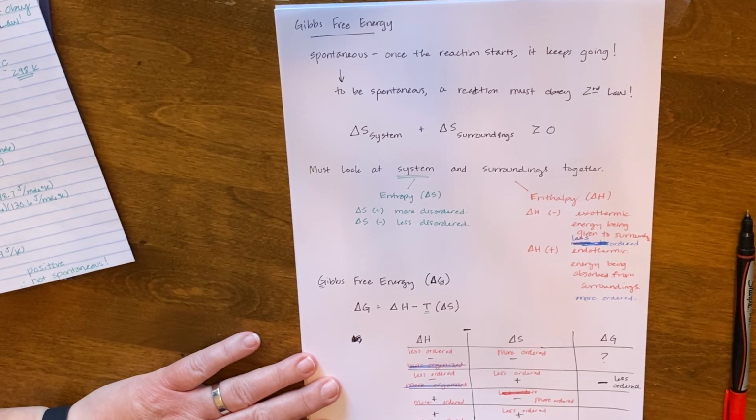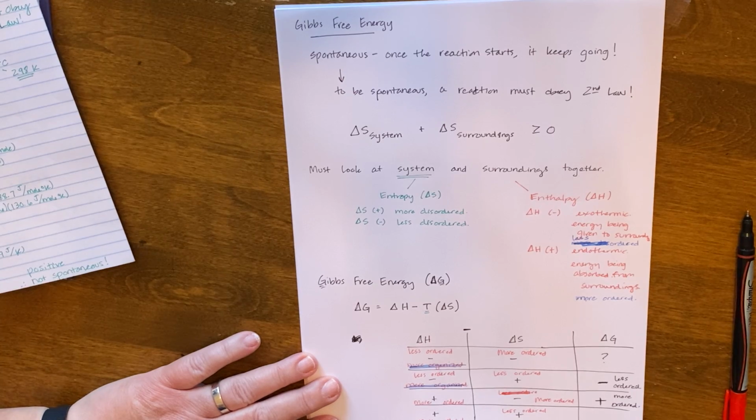In this case, we have a more ordered surrounding and a less ordered system. We have a positive minus a negative, so that's two positives. Our delta G has to be positive, and this one means that things overall are becoming more ordered.